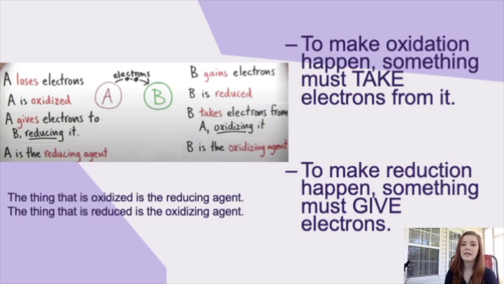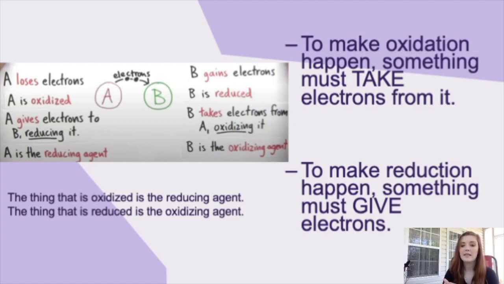An oxidizing agent makes oxidation happen, and a reducing agent makes reduction happen. In this problem, atom A is being oxidized, but by losing its electron, it is giving it to what is being reduced. So A is the agent responsible for reducing atom B. A is the reducing agent.